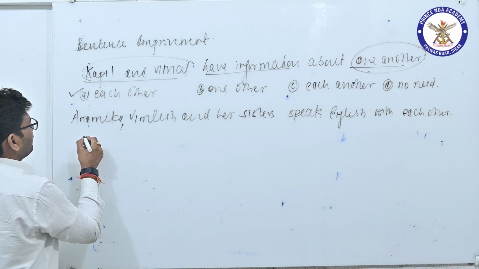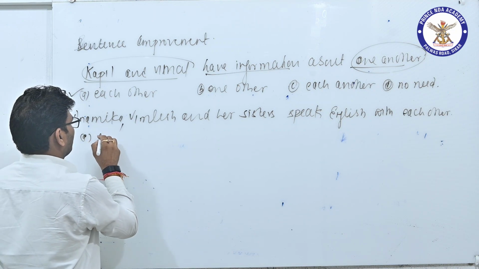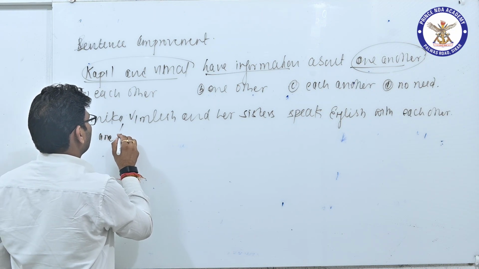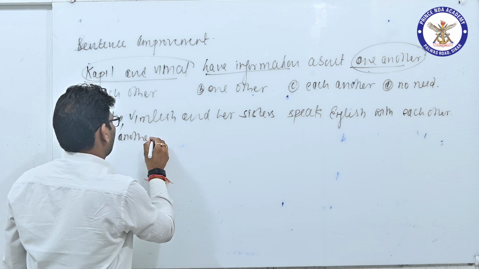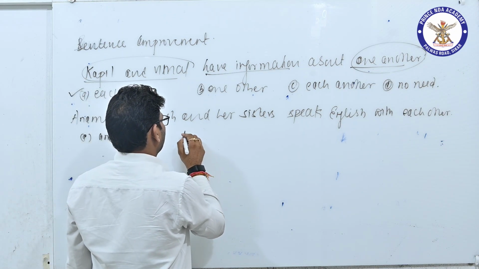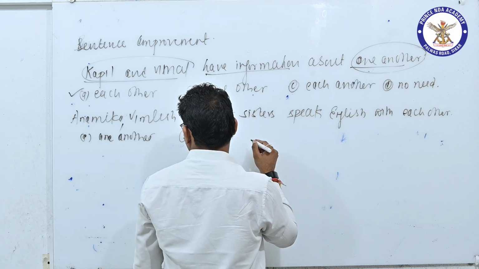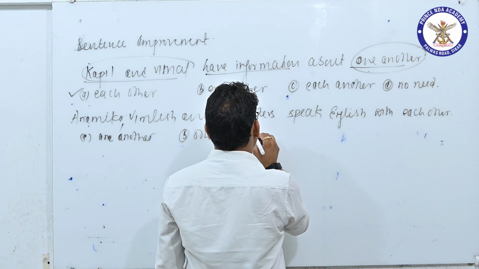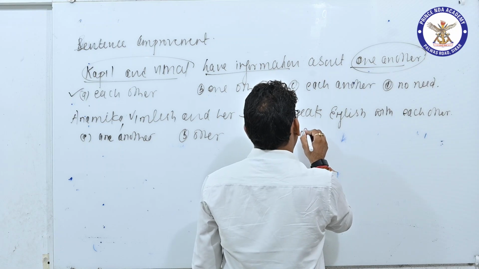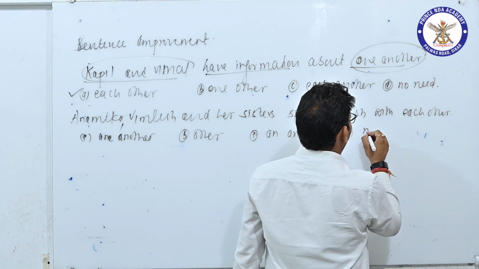For improvement, there will be options like this: A, one another, option B, only other, option C, and another, D, no need.